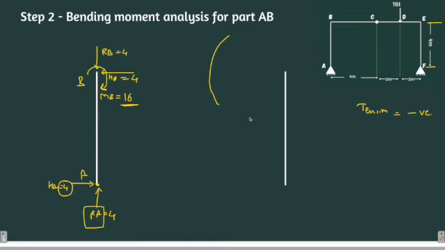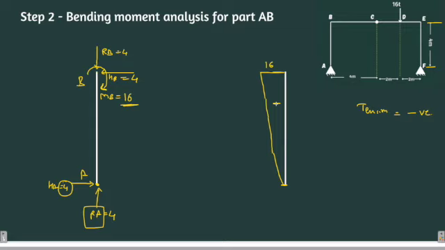And for tension, I'll be taking the bending moment as negative. So there is a moment of negative 16 over here, and there is no moment here, 0, because it is a hinge, and we know that for a hinge the bending moment is 0. So it's done for now, and we'll join these 2 points with a straight line, and this is negative.